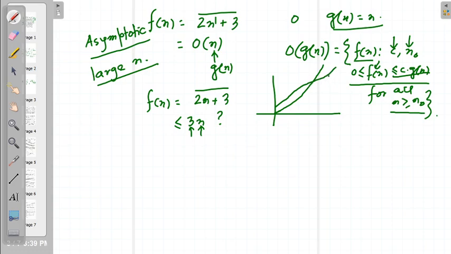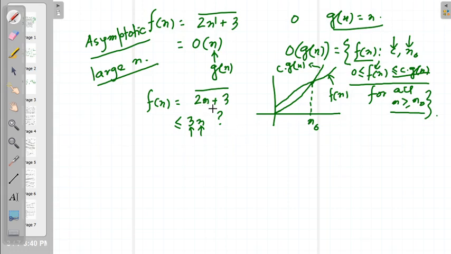So this could be our Fn, and this is our Cgn, right? So this is the n0 point, beyond which you see Fn is always less than or equal to Cgn, and thereby the condition is getting satisfied.